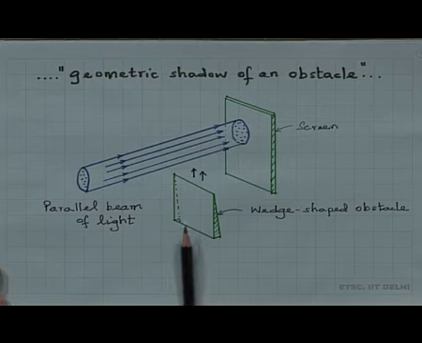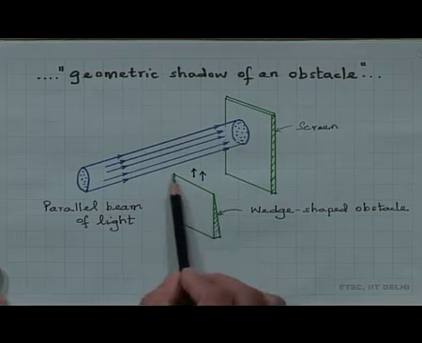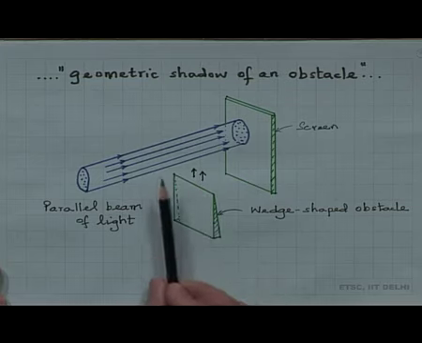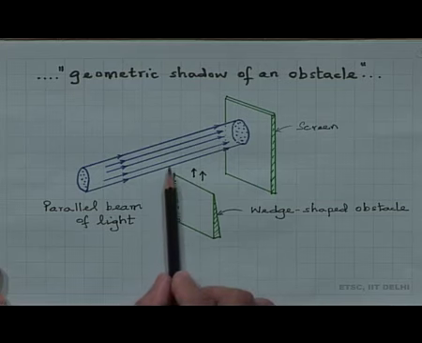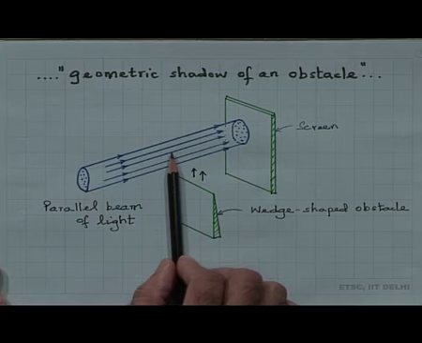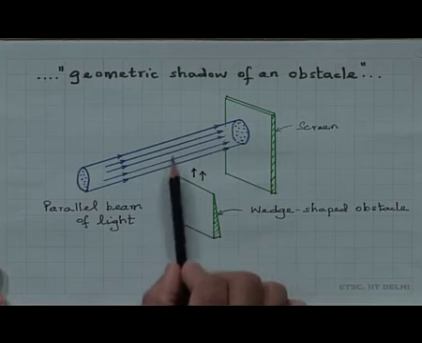Now, if we bring a triangular wedge with a sharp, straight edge from below to cut the beam, there will be a shadow, the geometric shadow that we get.